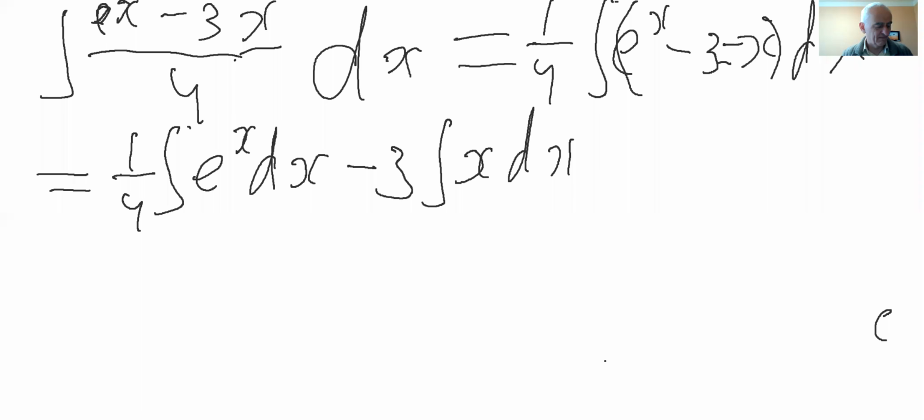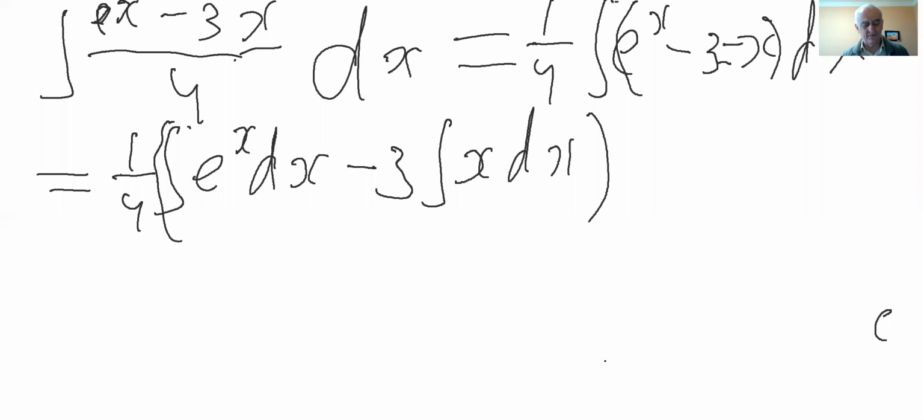Yes. It seems to me there is one mistake. We should use parentheses, like 1/4 is for both. Yes, 1/4 is a common factor. So I should multiply both integrals by 1/4.